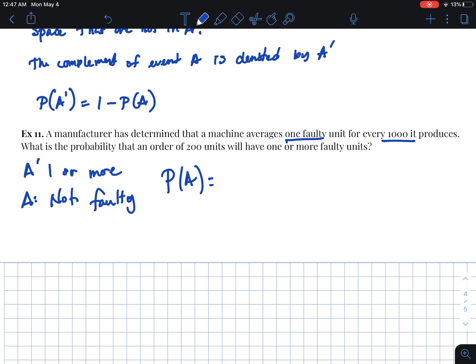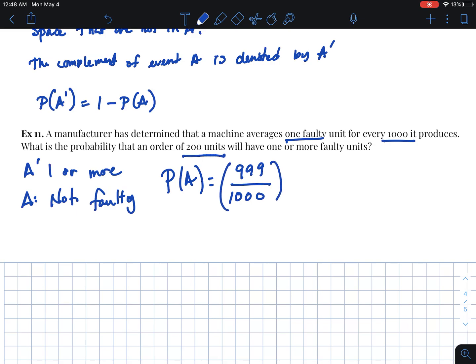So 999 of them are okay, and we have 1,000 to choose from. Okay, so we have to have a probability for 200 of them.